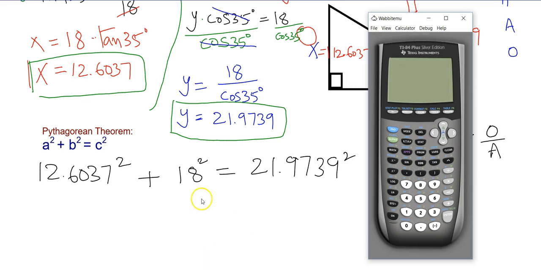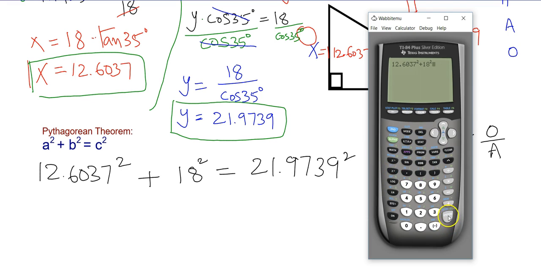Okay, in this calculator I'm typing in 12.6037 squared plus 18 squared.